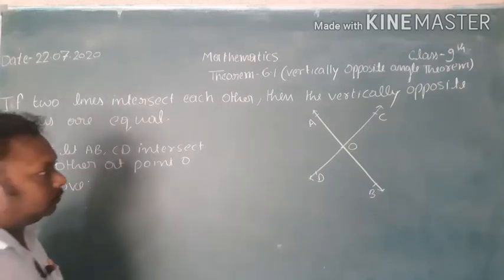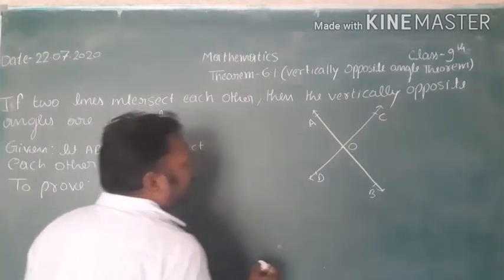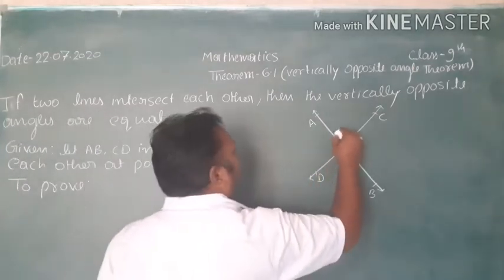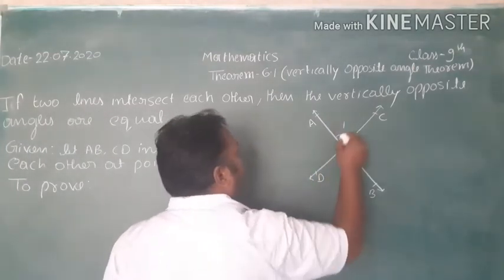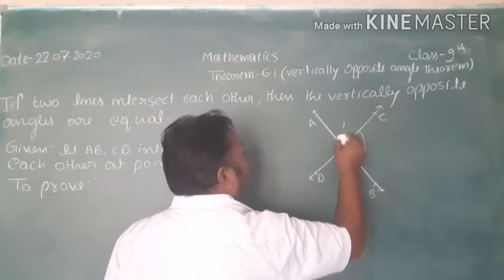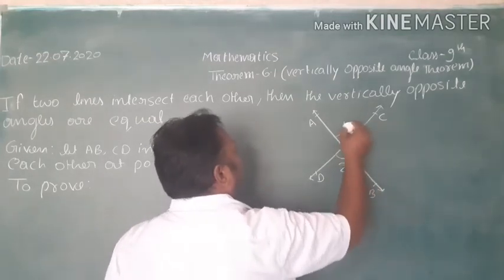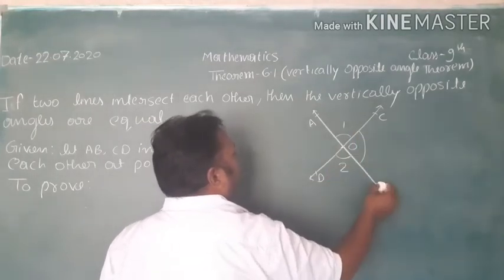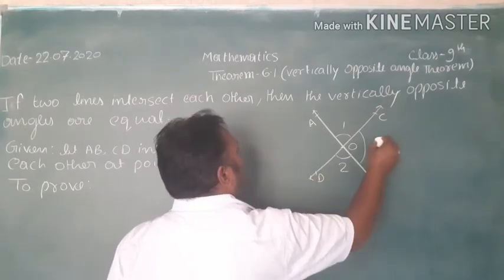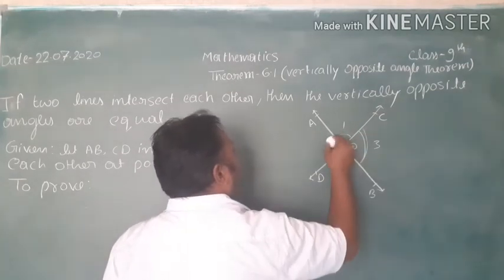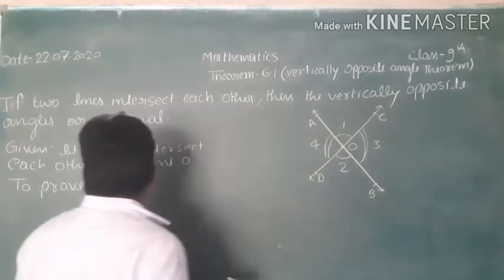To prove, we write down the vertically opposite angles are equal. So this one and this one are vertically opposite. We take the name of the angles: angle AOC is angle 1 and angle BOD is angle 2. This is angle 3 and this is angle 4.